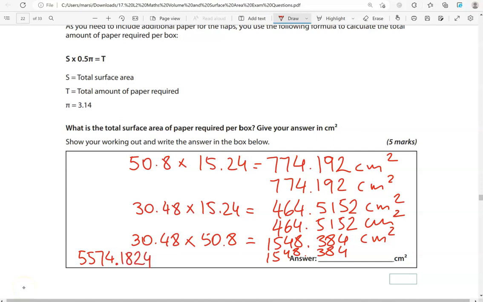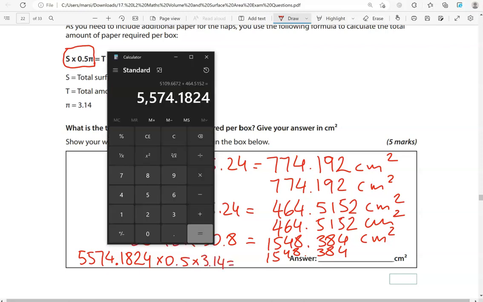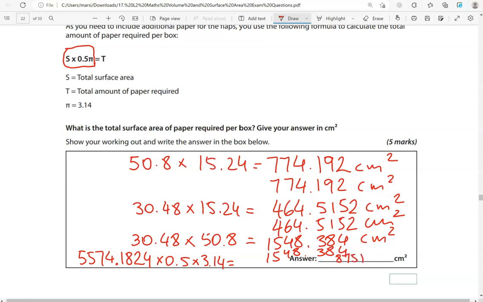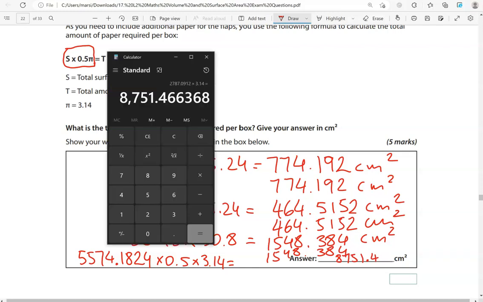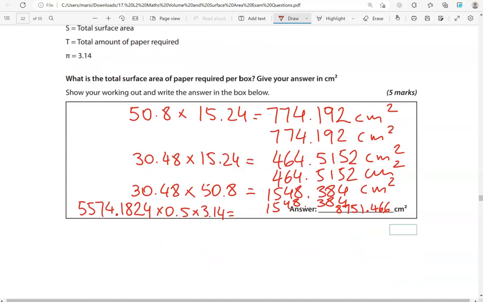That's the total surface area. So we need to multiply it by 0.5 lots of pi, which is 3.14. So times 0.5 times 3.14 gives us 8,751.466368. And that's the final answer.